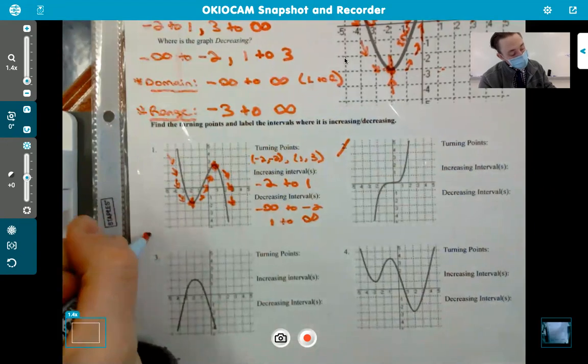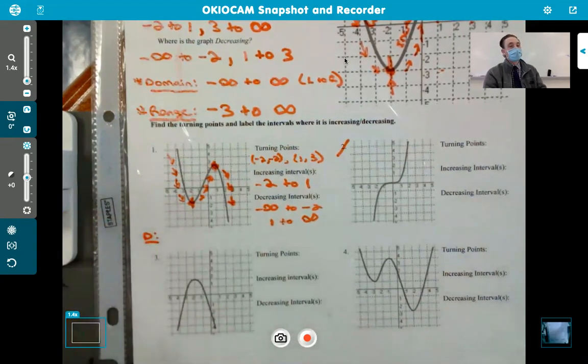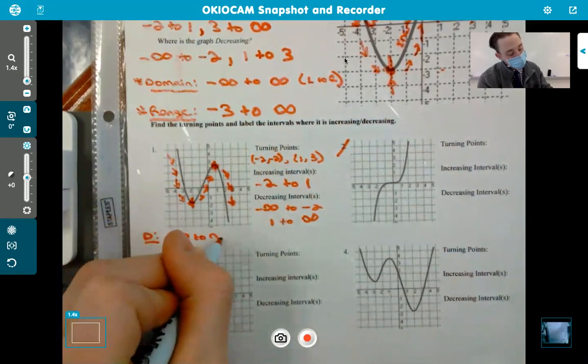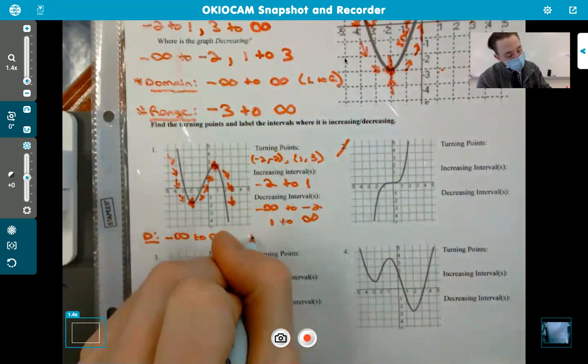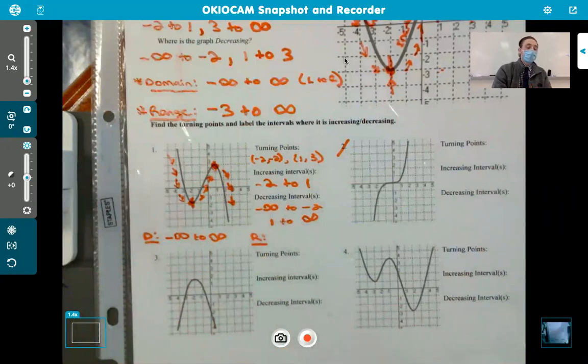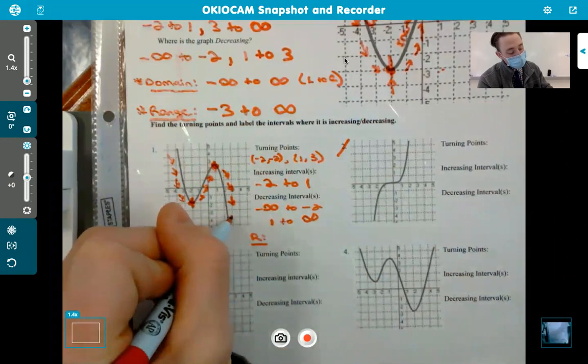What is always your domain of these polynomial functions? What did we say it was? Good. -infinity to infinity. Your range is whatever the lowest y value is to your highest y value. Start from the bottom to the top.